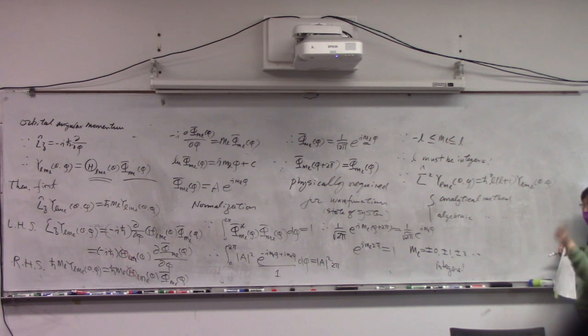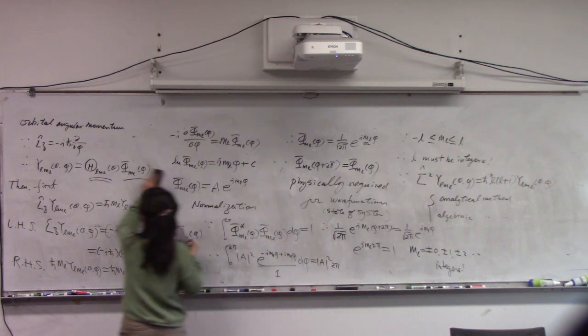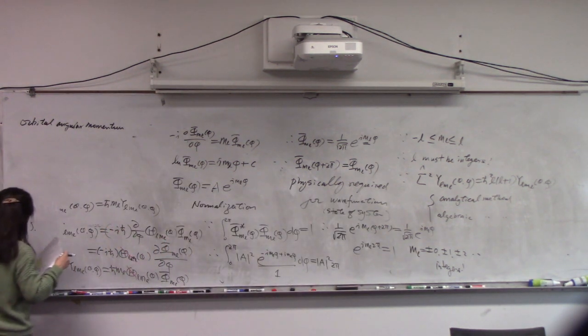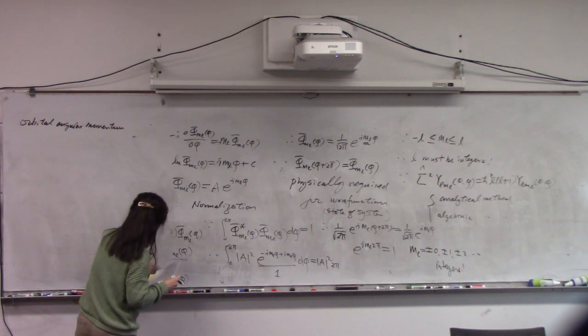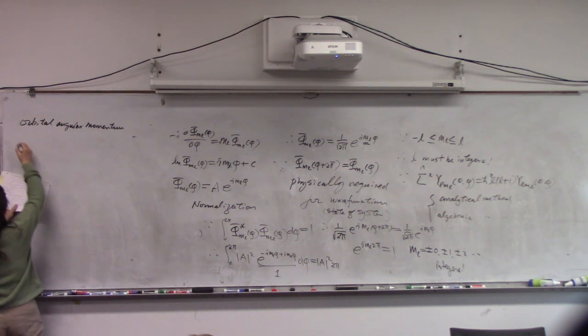When we deal with the hydrogen atom, we will mostly use this one. But we just want to become familiar with these two types of methods. In any case, if you're familiar with one of them, it can help you when you deal with other systems. So now let's go first with the analytical method.